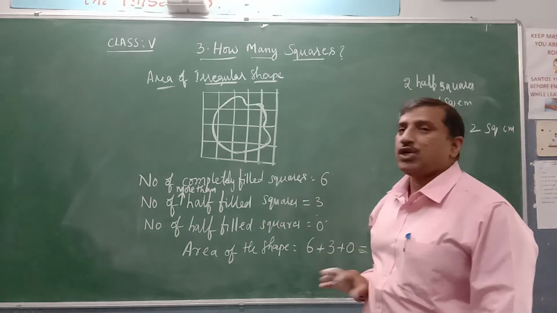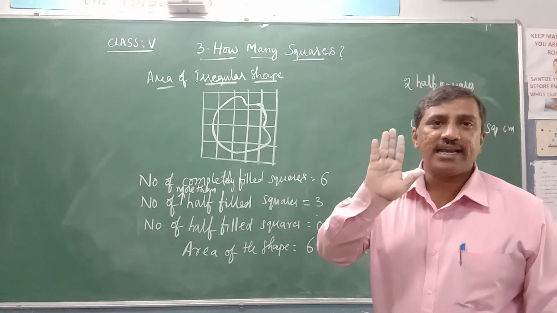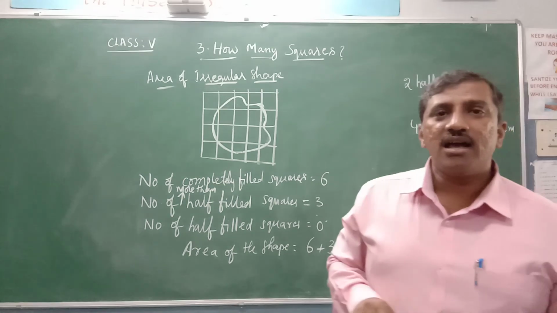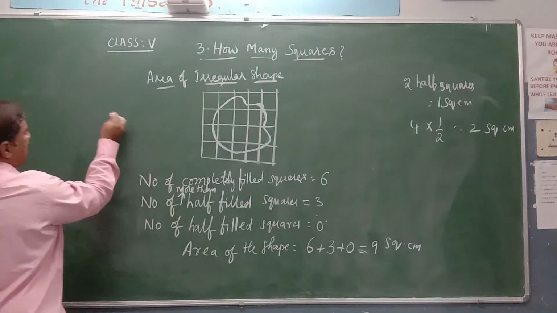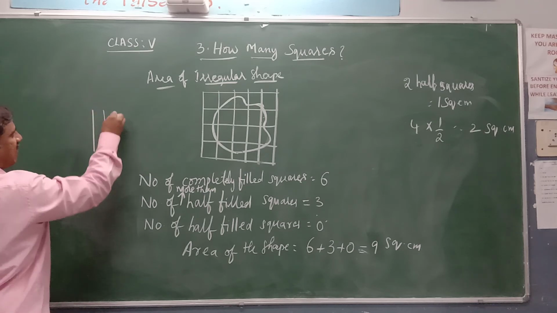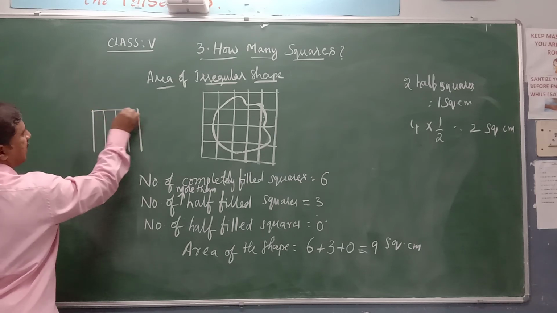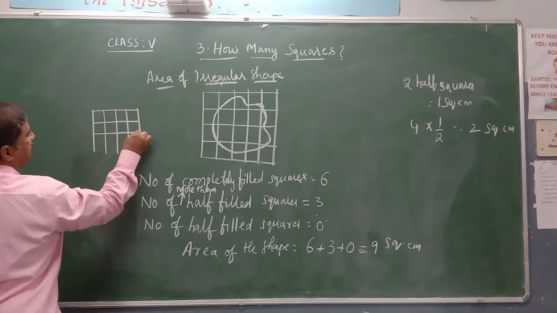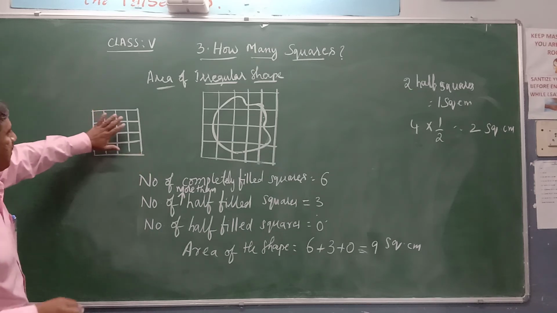Similarly, you have to find your hand area. How? It is simple. Let this be a square grid paper. On this square grid paper you trace your hand. I am keeping my hand here.